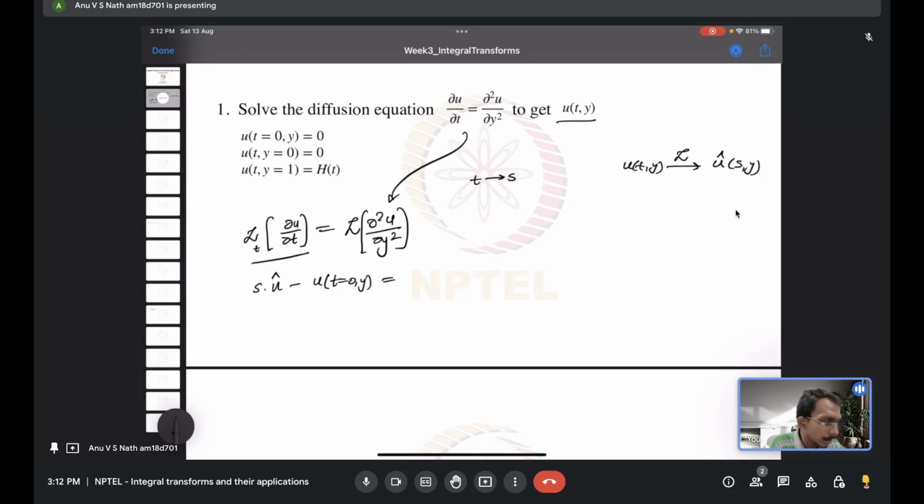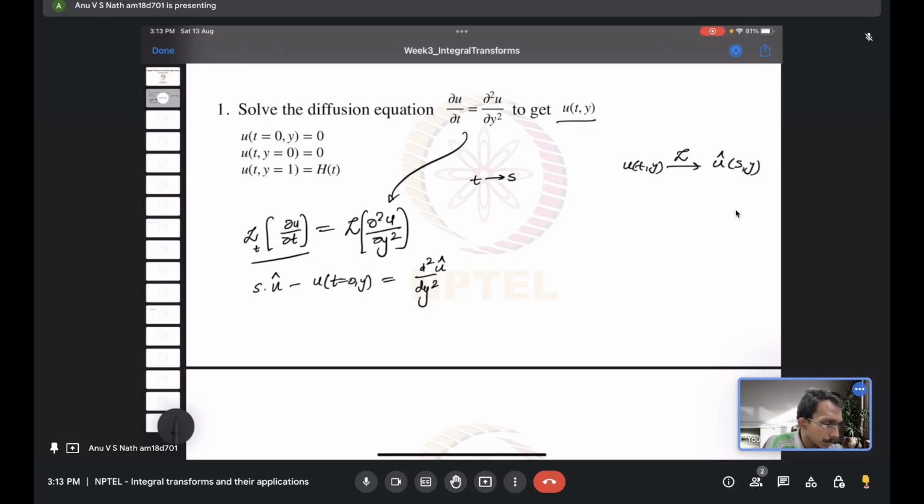On the right hand side, the derivative is in y, so that will not affect. Just because of linearity, we can take it outside, d square by dy square. Then the Laplace transform is going to act on the u inside, so that will be just u cap.